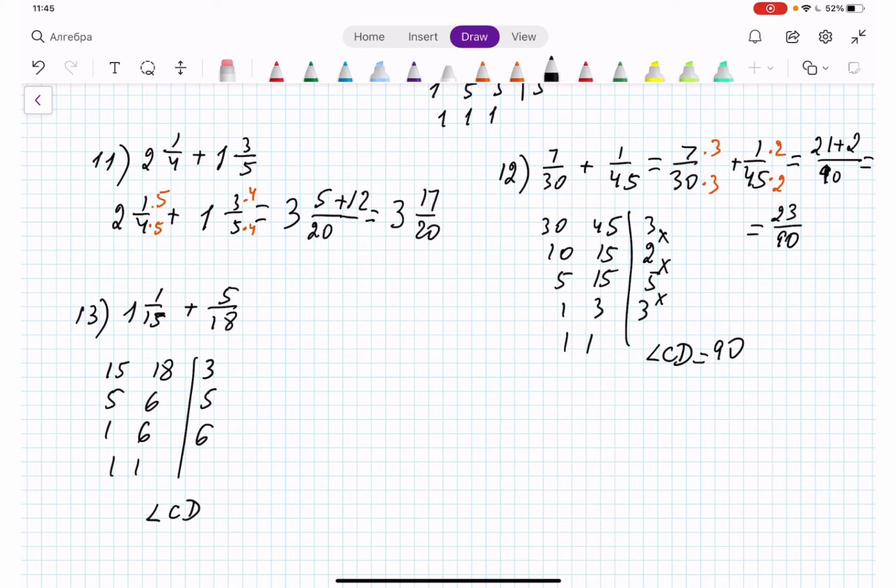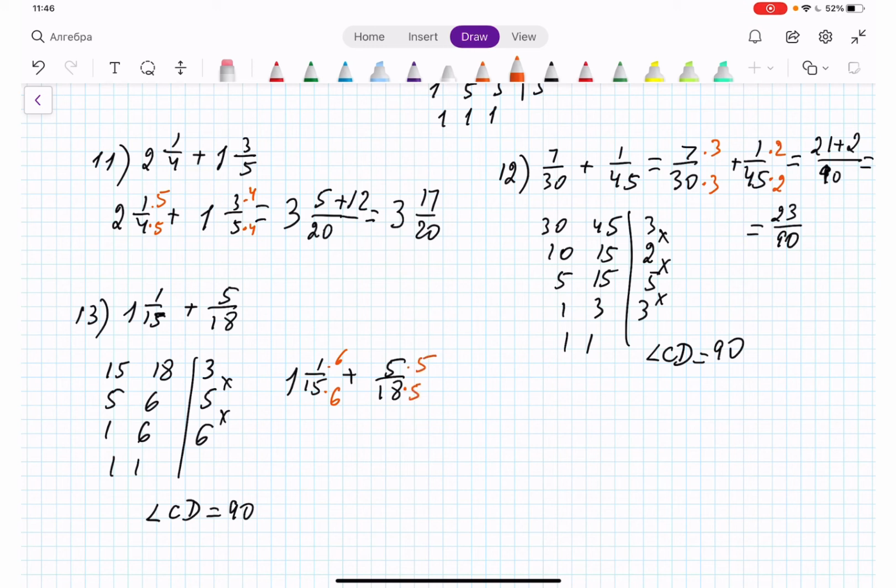So LCD for 15 and 18, it's going to be 3 times 5. 15 times 6 is 90. Which means 1 and 1 over 15 plus 5 over 18. So 15 times 6, it's going to be 90. For 18 times, how much? 90 divided by 18, it's going to be 5 times, yeah.